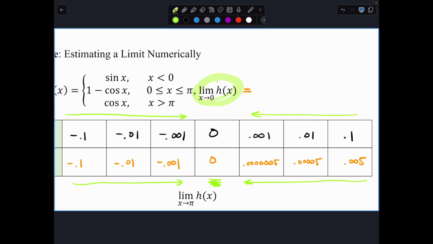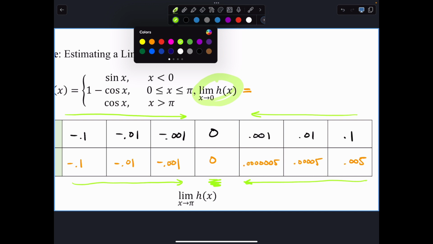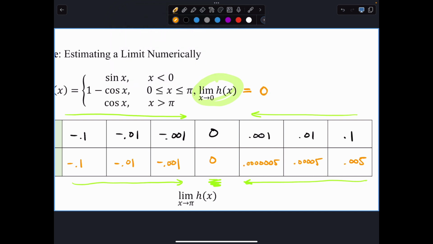And in this case, the function value is 0. So this is an example of that first case when the limit exists, where the function value matches what the function values are trending towards, like matches the limit value.